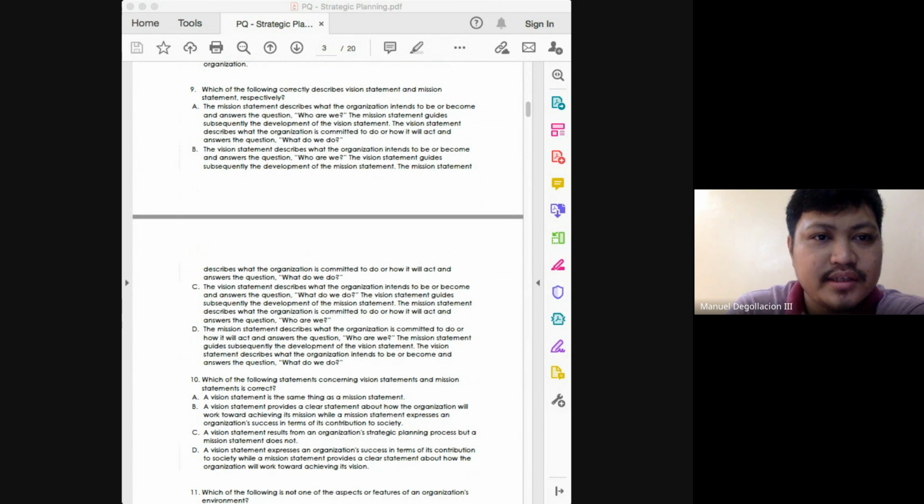The vision statement describes what the organization intends to be or intends to become and answers the question, who are we? The vision statement guides subsequently the development of the mission statement, and the mission statement describes what the organization is committed to do or how it will act and it answers the question, what do we do? So vision, who are we?